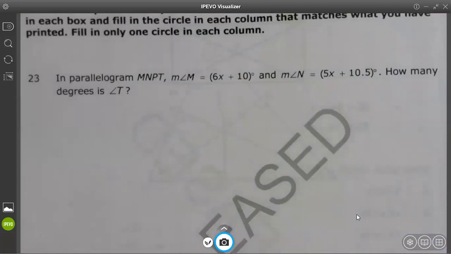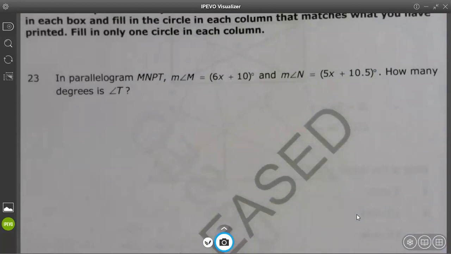In parallelogram MNPT, what's a parallelogram? You've got to be able to know what they are. Nobody knows what it looks like? Whew, you better study your shapes.